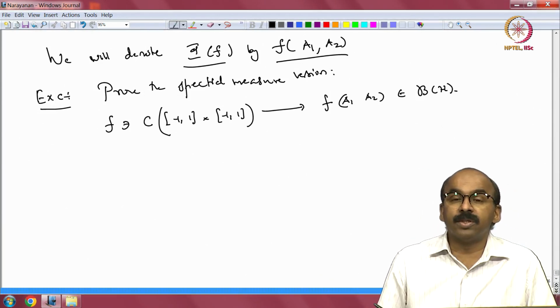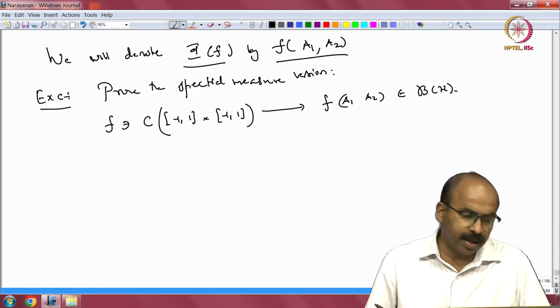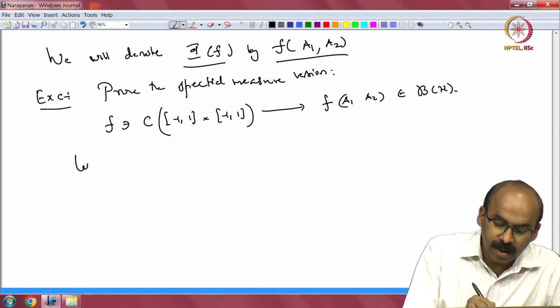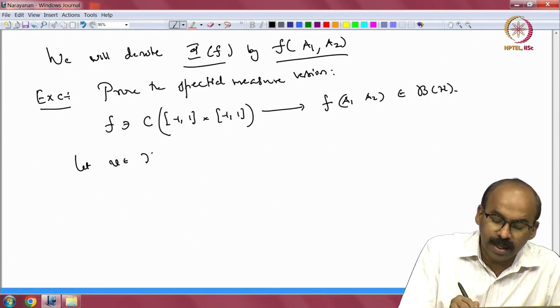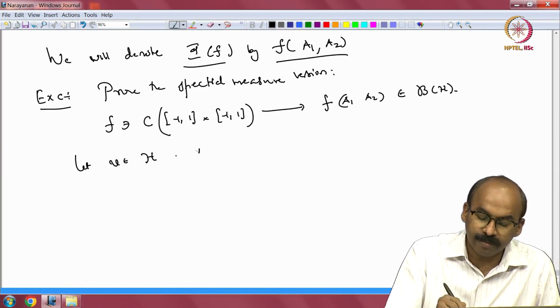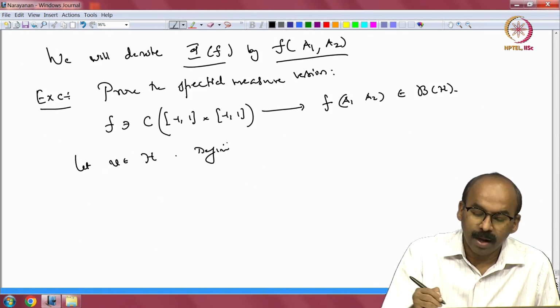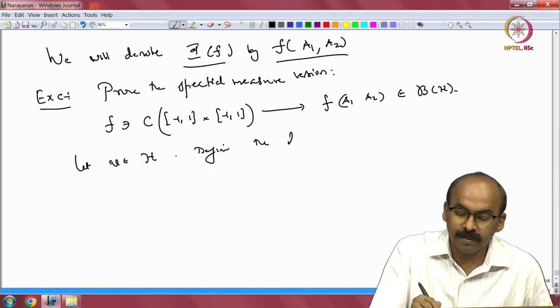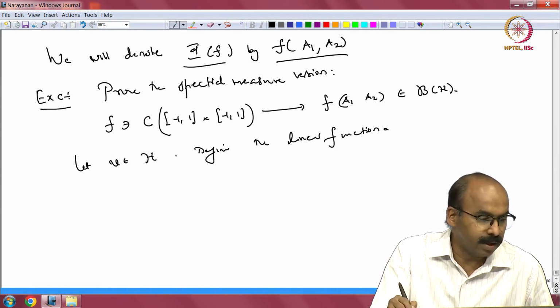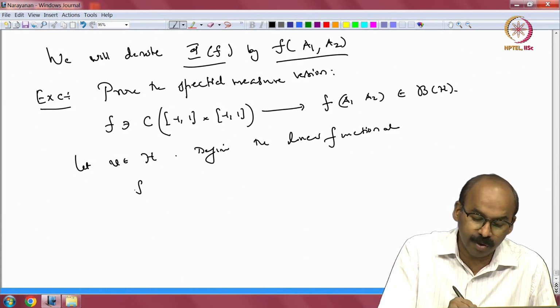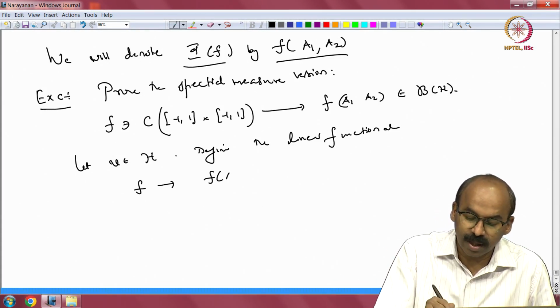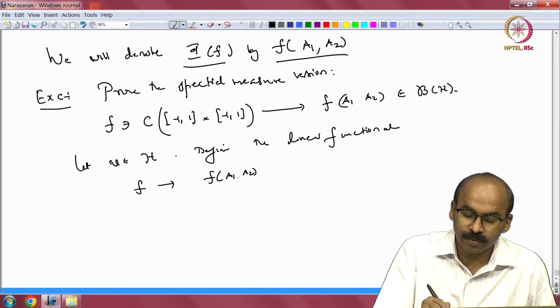So, how do you get those measures? Remember mu v v and all that. So, let v belong to H, right, define the linear functional f going to the inner product of f of a1 a2 v with v, right.